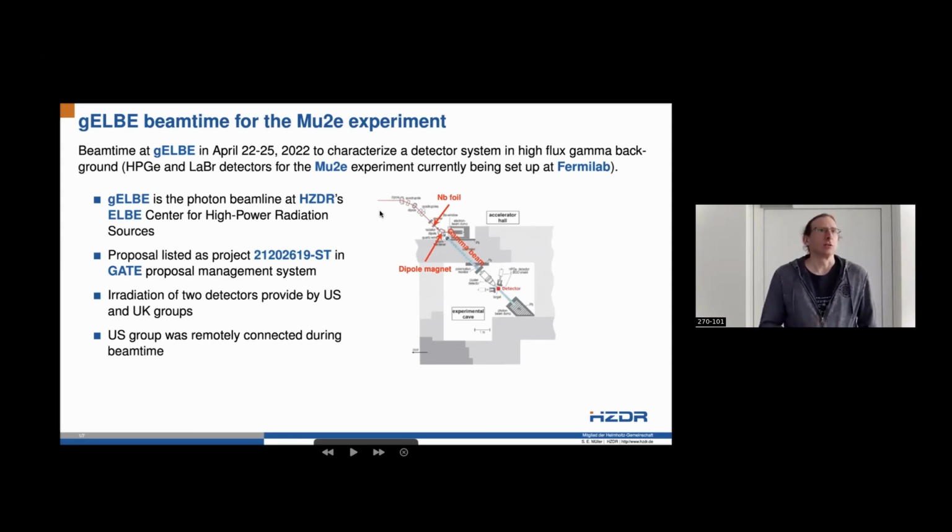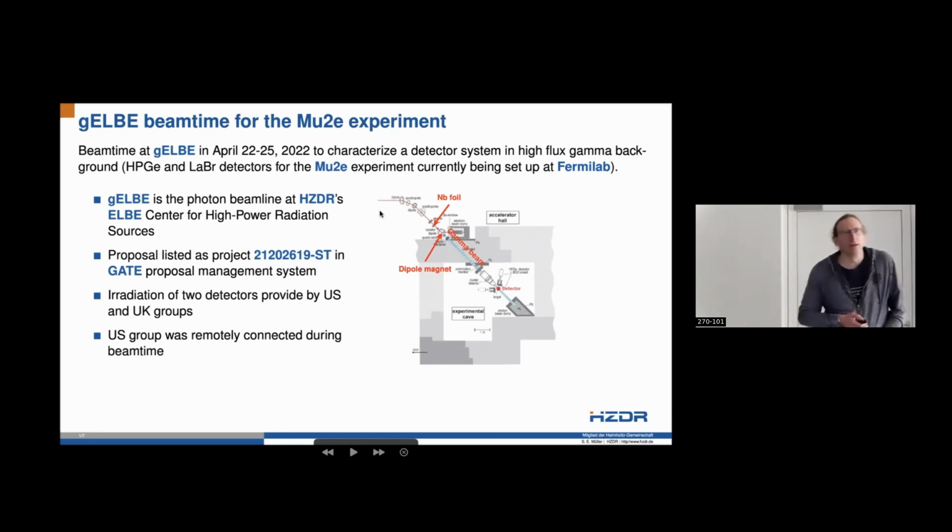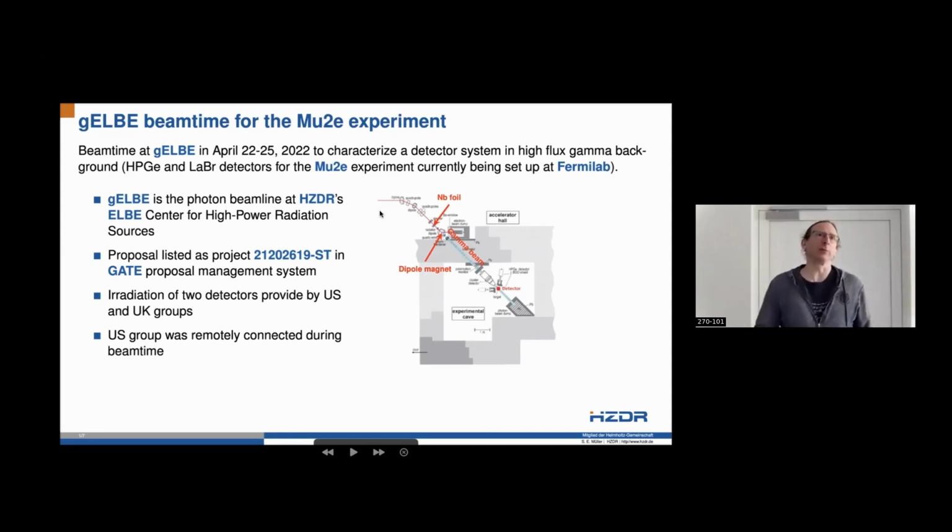And just to give a little bit of context, the GLB is the photon beam line at HZDR's ELBE Center for High Power Radiation, and you see this here on the right. So the primary electron beam is hitting a niobium foil target and producing pulsed Bremsstrahlung flashes, and there's a magnet that sweeps away the remaining charged particles, so you have a pure gamma or photon beam, and then you can expose your detectors to this beam, and it turns out that the beam characteristics are very similar to what we will expect at the Mu2E experiment.